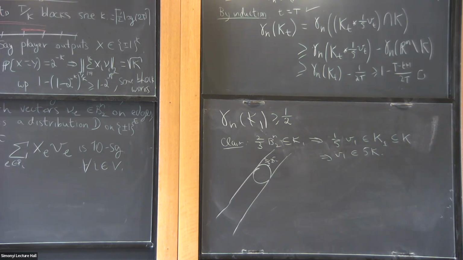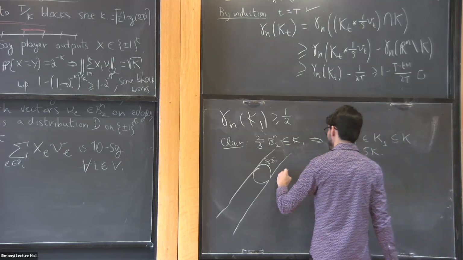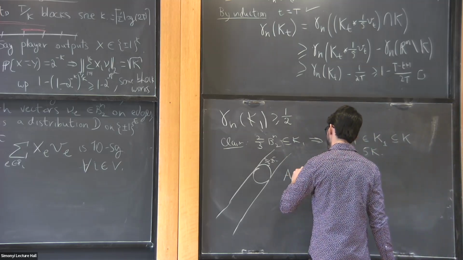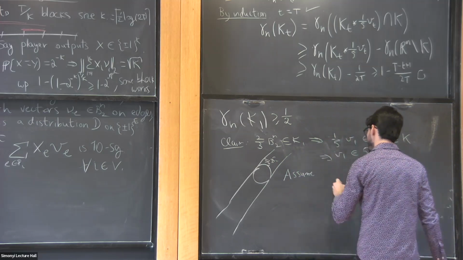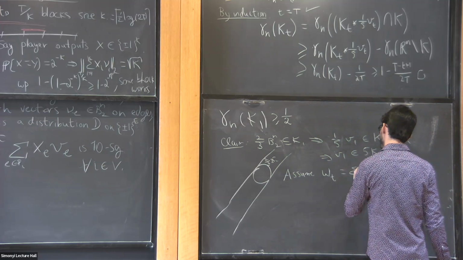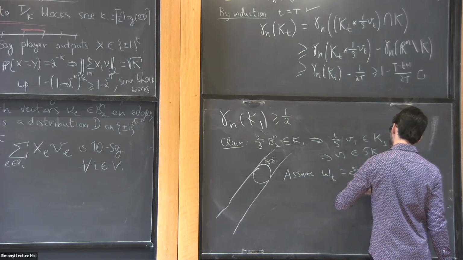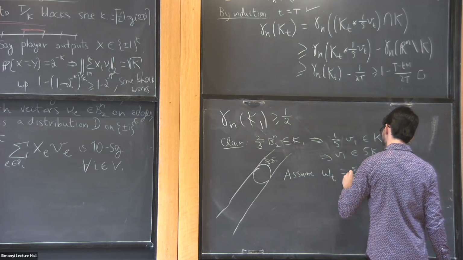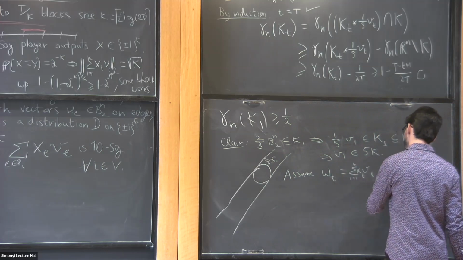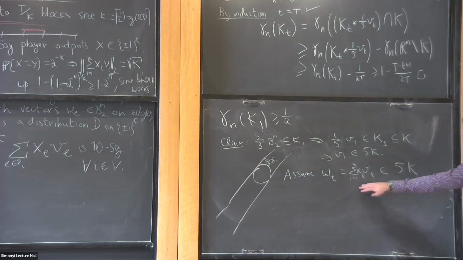Okay, so now I do some induction forwards. Here I assume I have some position WT, so assume I already dealt with some prefix and I want to deal with the next one.